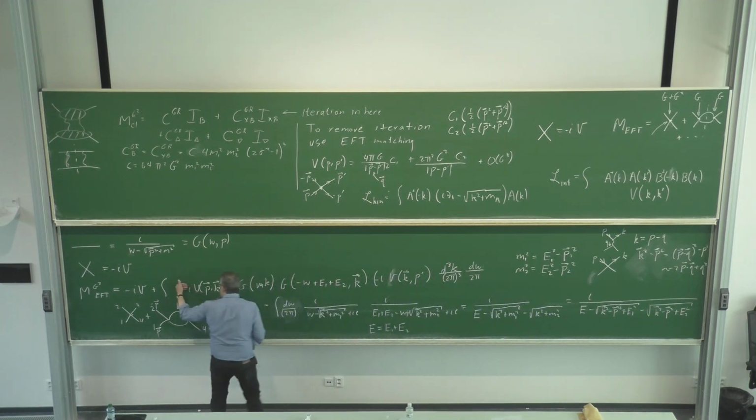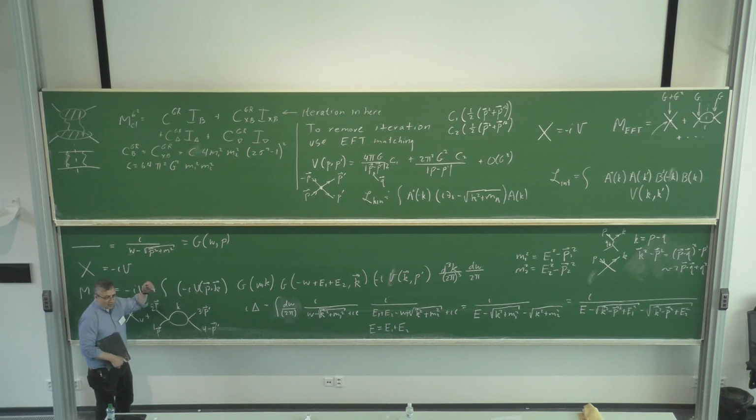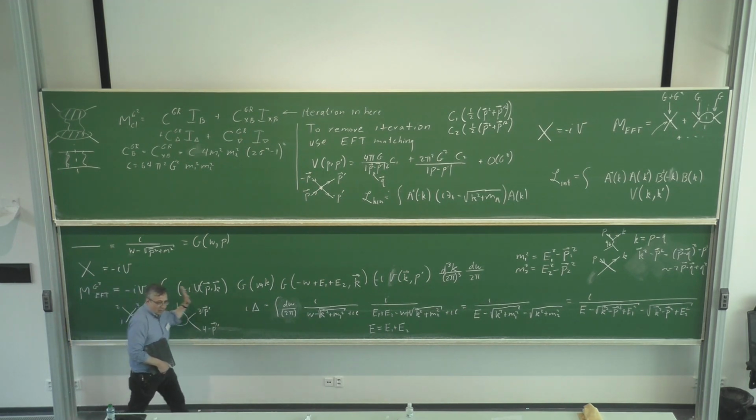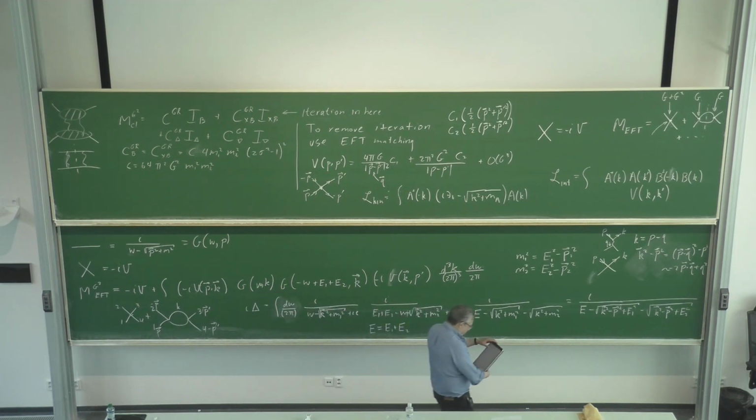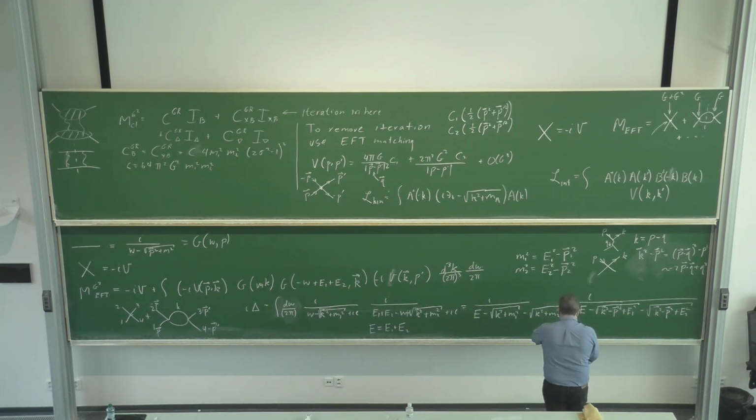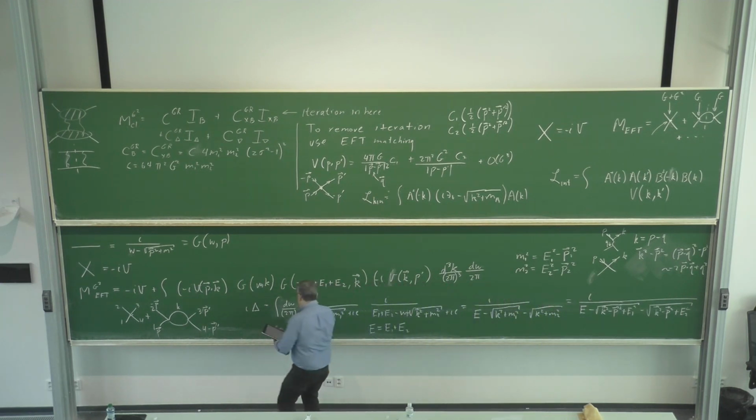So remember, this thing has a super classical piece, like 1 over Q, more singular than it should be for classical. That's the iteration piece. So you series expand until the classical order, and you keep all the terms that you get. Okay, that's going to actually be a homework assignment, but let me show you a few things about how that works. So the first thing is this thing, the delta.